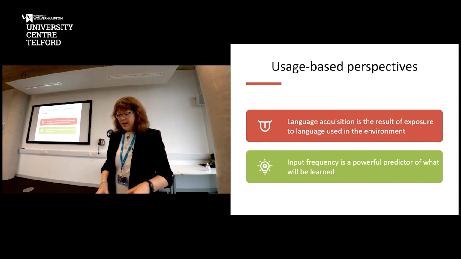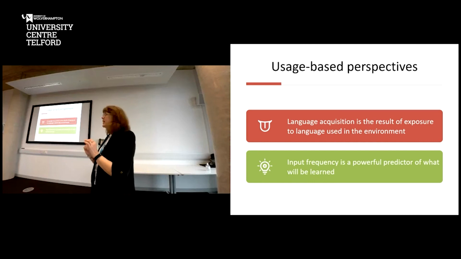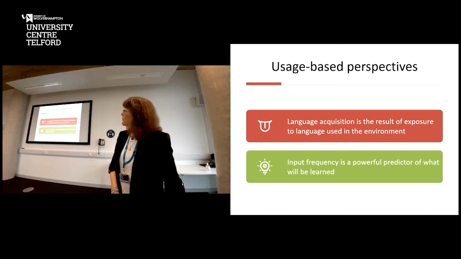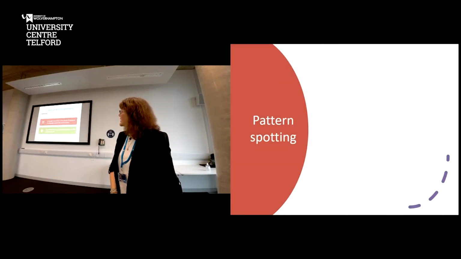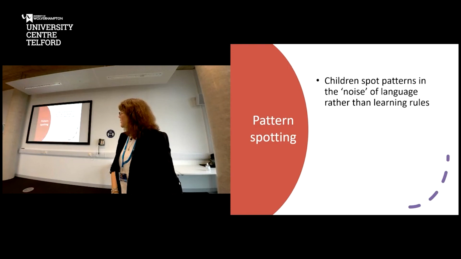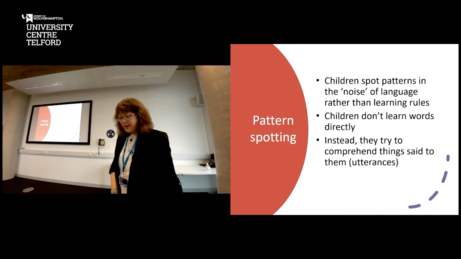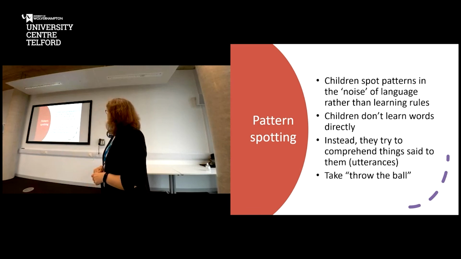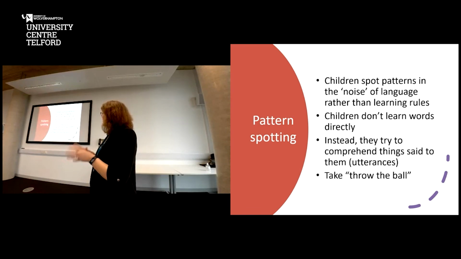And I'd just like to finish with two aspects that children do in lots of areas of life, but this is linked to language in particular. And this is pattern spotting, which is the first one, and then we'll have a look at intention reading. So in this idea of a usage-based interaction, children spot patterns.